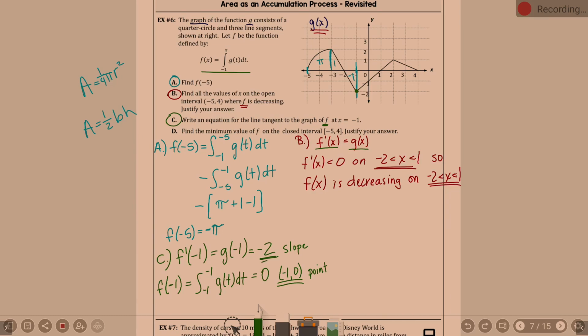I'm running out of room, but you can write the equation of a line, yes? I tend to start off point slope. Some calc teachers do variations of that, but y minus 0 equals -2 times x minus -1.